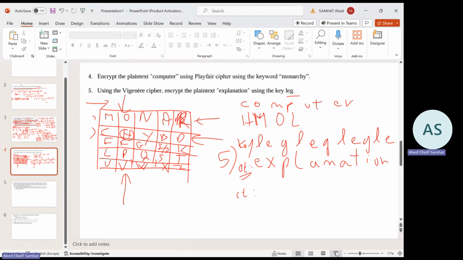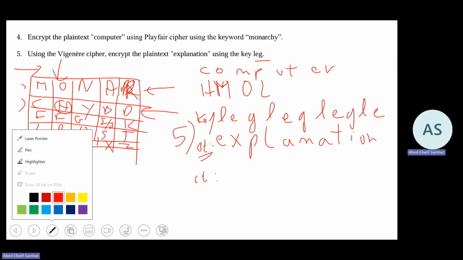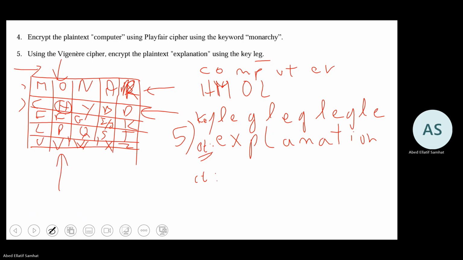So it will be 4 plus 11 mod 26, it will be 15 mod 26. That 15 will give us the letter P. Okay, so it will be P.